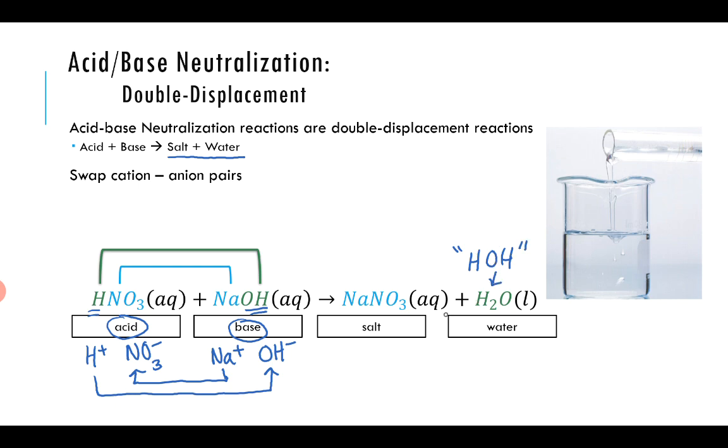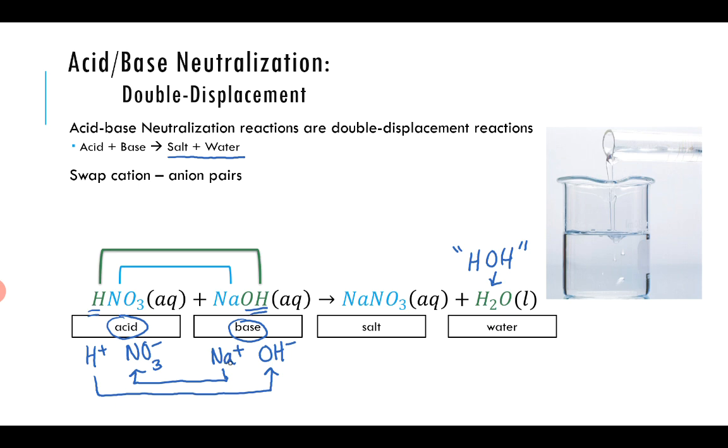That is written as H2O. And so if you ever find yourself writing HOH, you have to recognize that hydrogen hydroxide is water. And so you should be writing water.